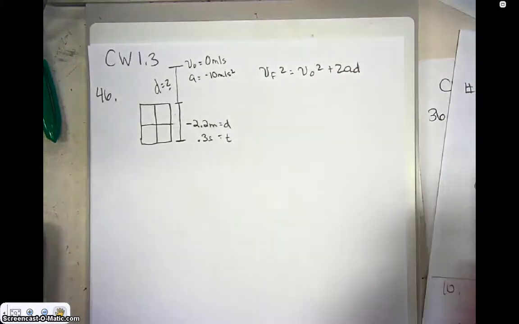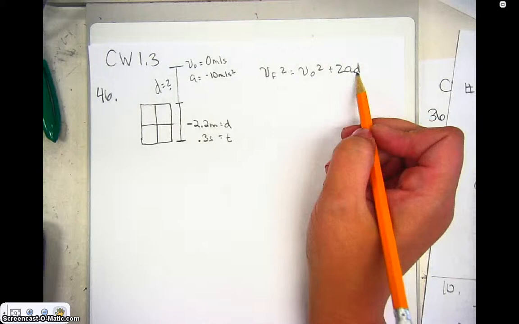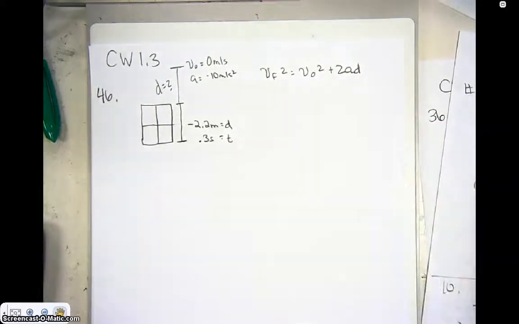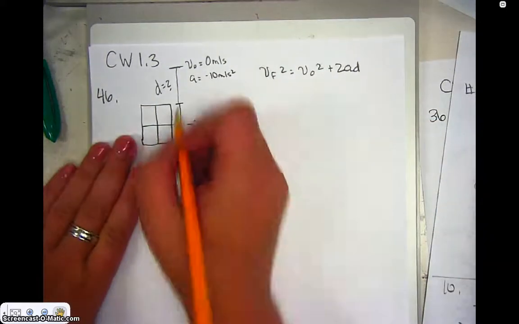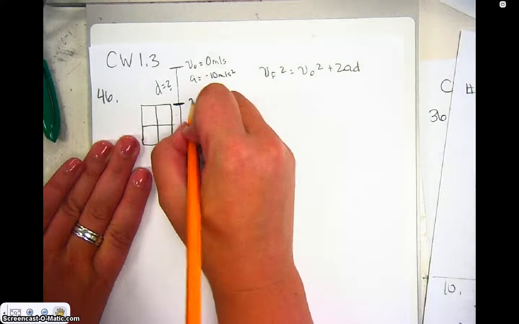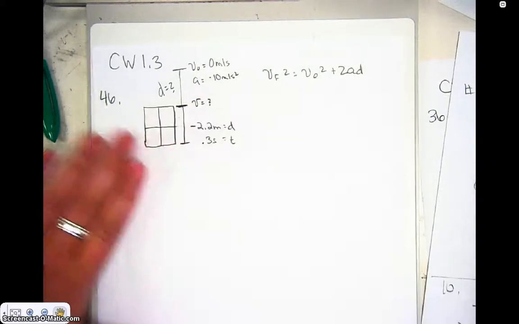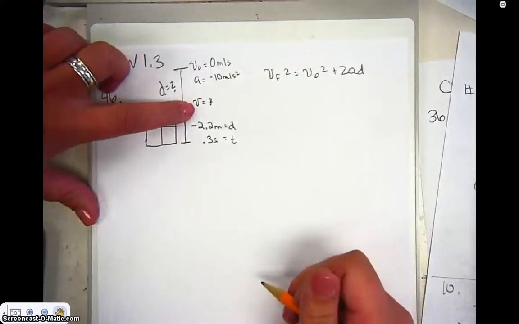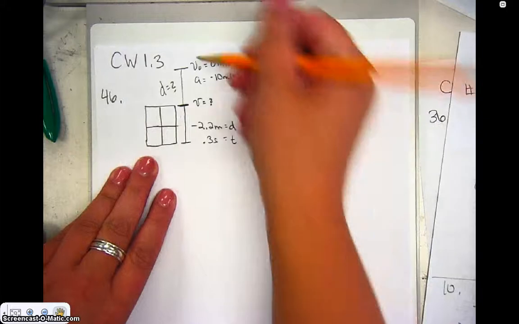We could solve for D if we had Vf, but we don't have Vf. So we want to know what this velocity here is. If we find that velocity out, then we can solve this problem.